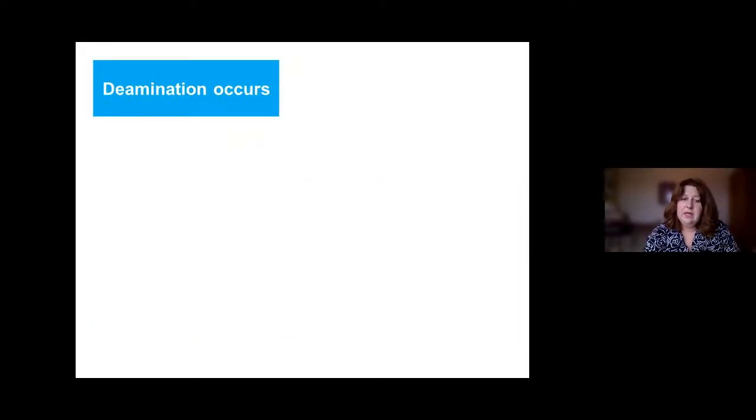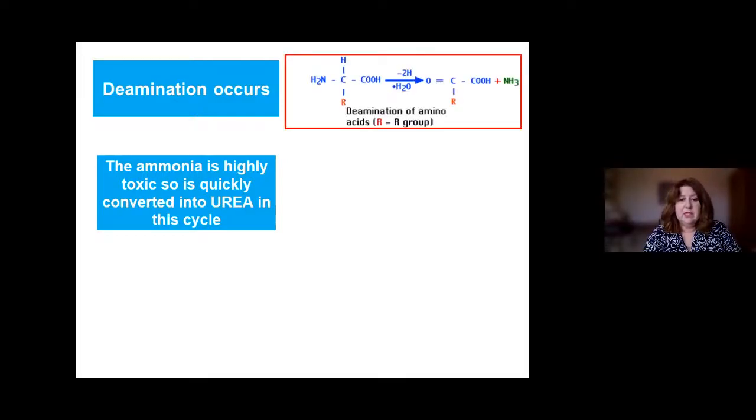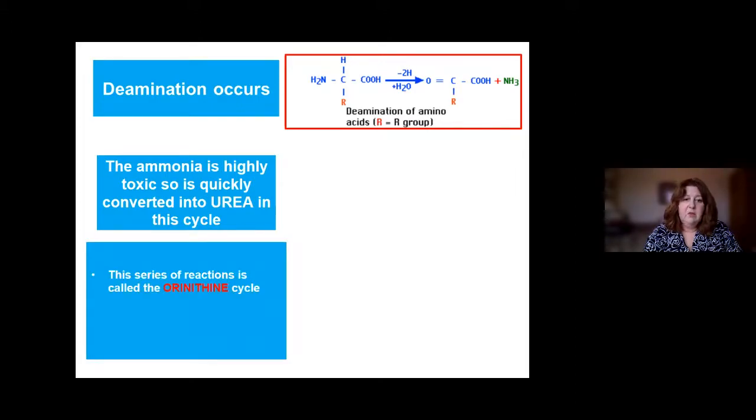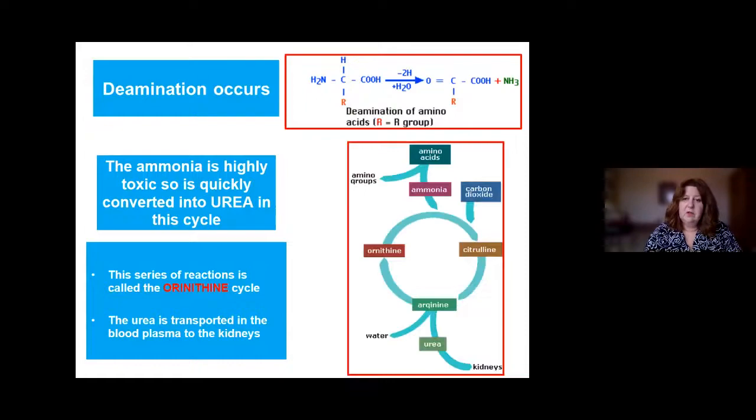Now, we then need to actually get rid of this ammonia, or certainly convert it into something else, because it is so toxic, and that's what we do. We actually convert it into urea. So that's what's happening in the little box at the top there. You can see that the amino group has been removed, ammonia has been formed, and what we need to do now as part of something called the ornithine cycle is to actually take the ammonia and convert it into urea.